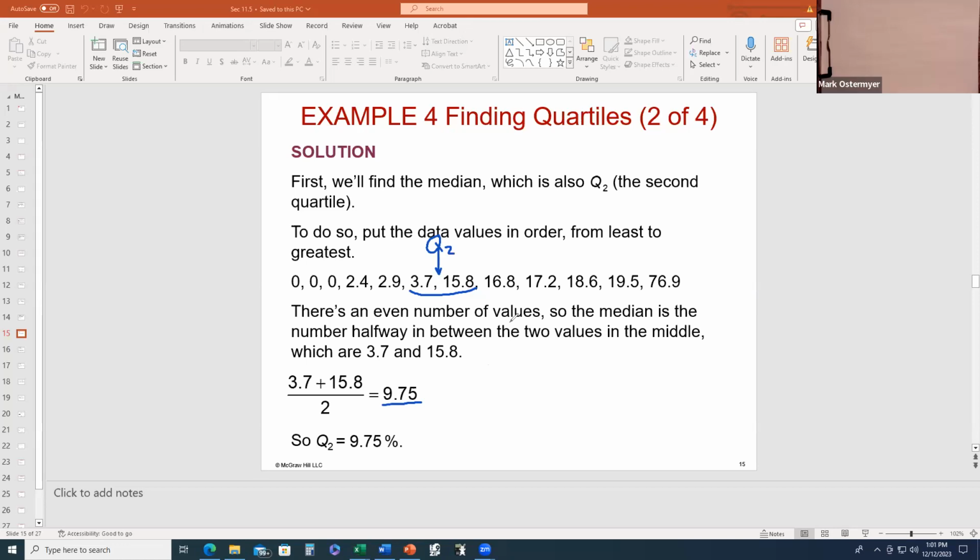Now, how do you think we're going to find the first quartile? Well, the first quartile is going to be the median, if you will, of the lower half of the data, the middle value of this lower half.